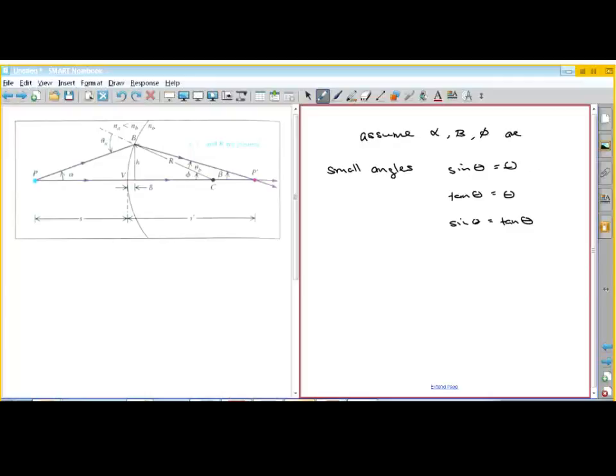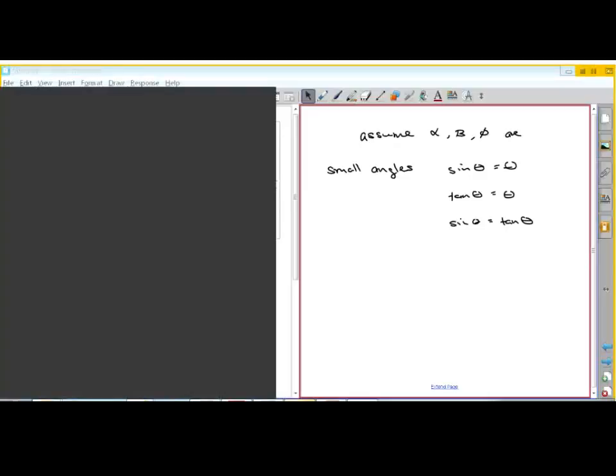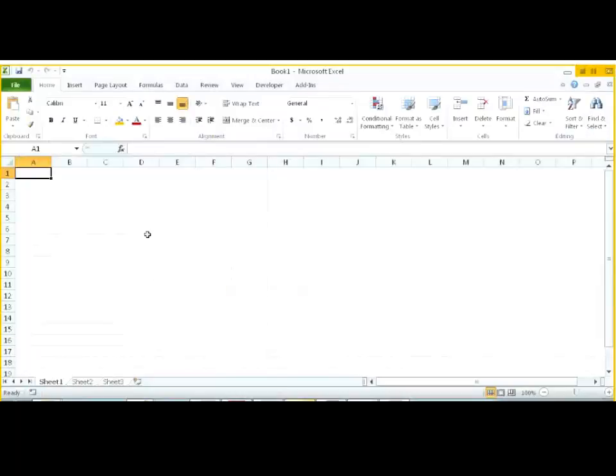Let's just see how small an angle we're talking about. So let's open up my spreadsheet, and let me share that with you. So the angle, and then we'll have the sine of theta and the tangent of theta.